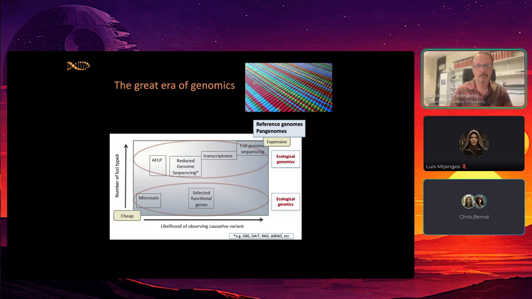The top right part of this says that acquiring those data sets is expensive. But I'm not only referring to the amount of sequence that you need. I'm mostly referring to the time that you need to analyze those sequences. So the genome is not that expensive anymore.